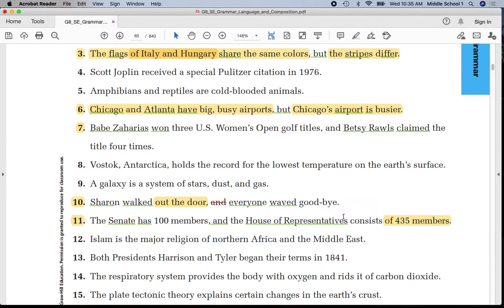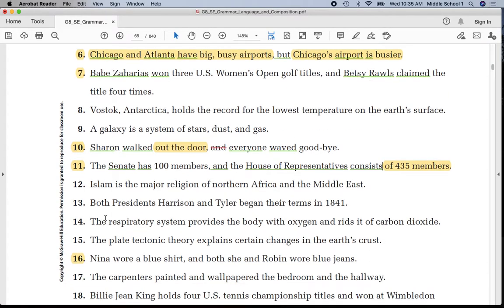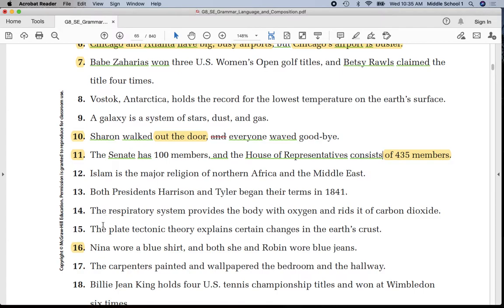House of Representatives, consists, and a line between those two. Do you see the similarity between sentences 3, 6, 7, 10, and 11? We'll want to be using those examples as you complete your assignment.